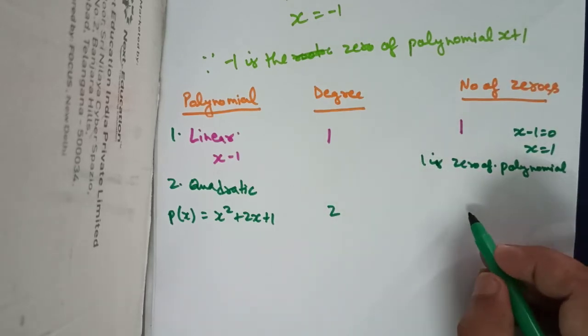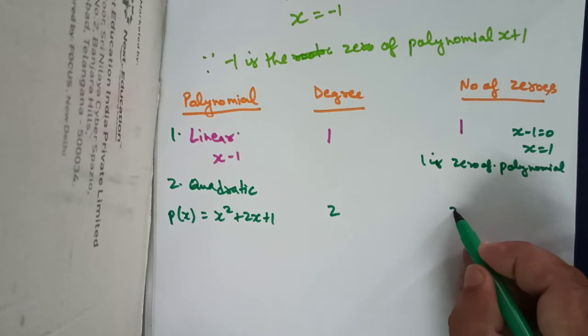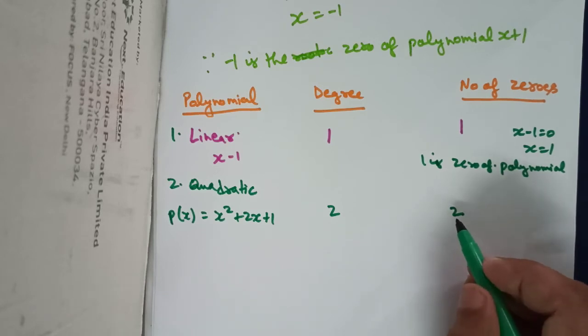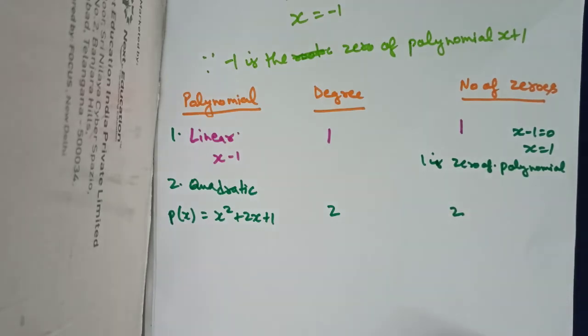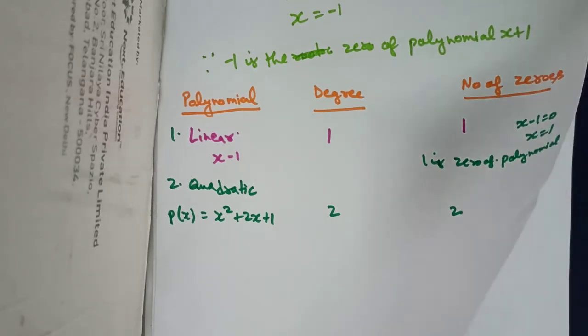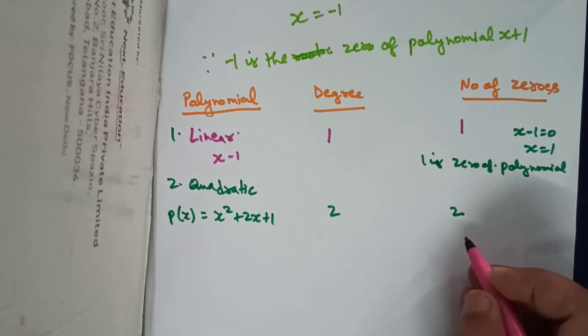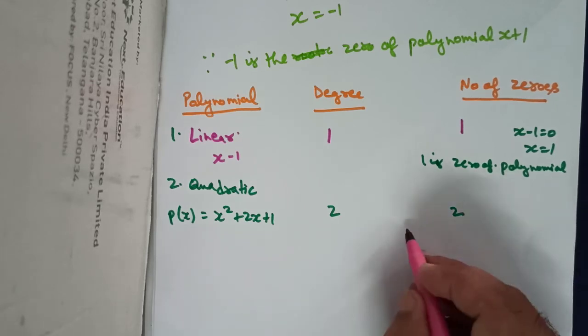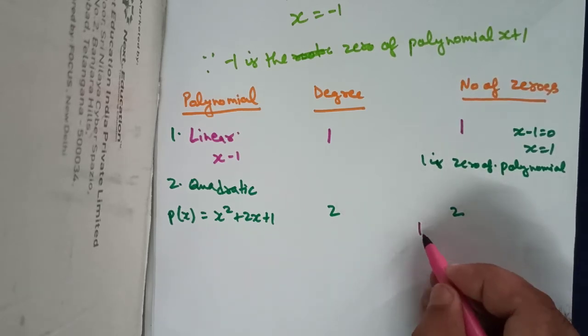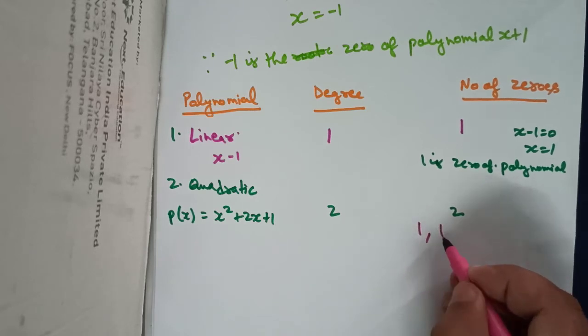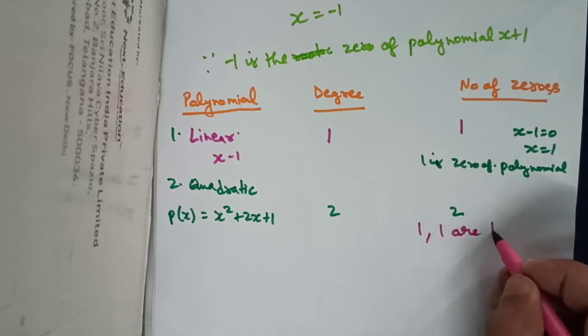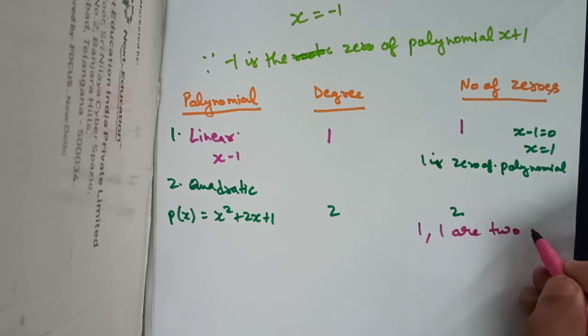So the number of zeros will also be 2. But one thing to note is that the two zeros of a polynomial can be the same or they can be different. Like in this example, the two zeros are 1 and 1. Both the zeros are the same.